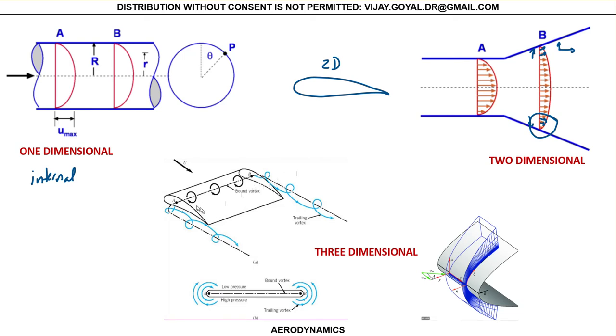What happens around this is lots of bound vortices, trailing vortices and leading vortices, and they create lots of headaches for us many times. So this is a three-dimensional model, in which it may look something like this if I was trying to model this on computers. We will talk about some approximations for 3D, mainly how we can model the 3D approximately with the two-dimensional, and maybe using some factors involved with that.